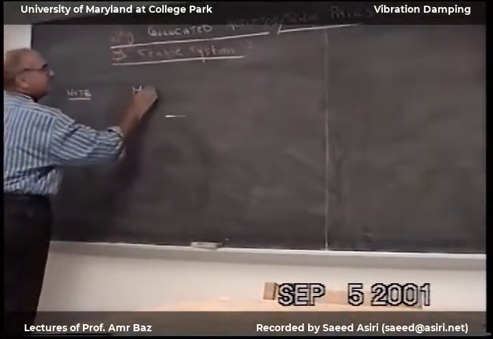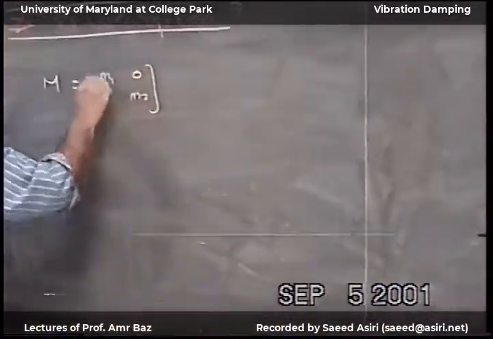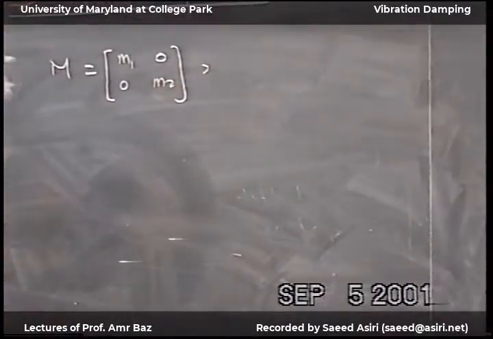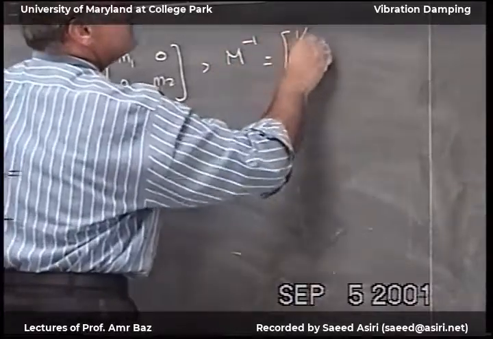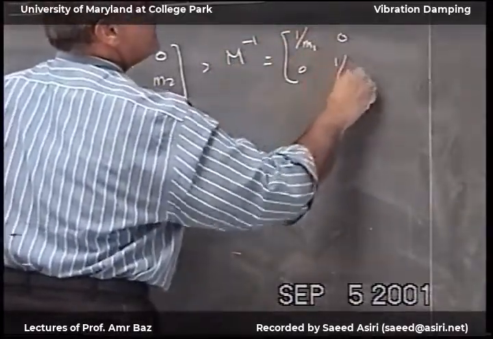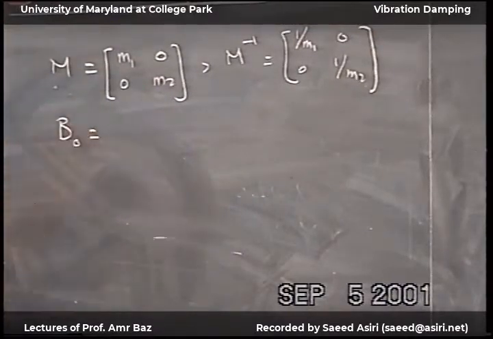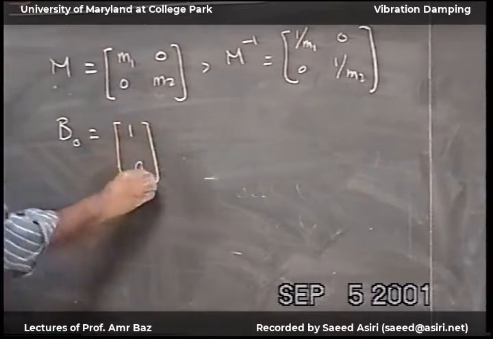The M matrix is again M1, 0, 0, M2. And M inverse will equal to the B0. If you remember, the B0 was 1 and 0.